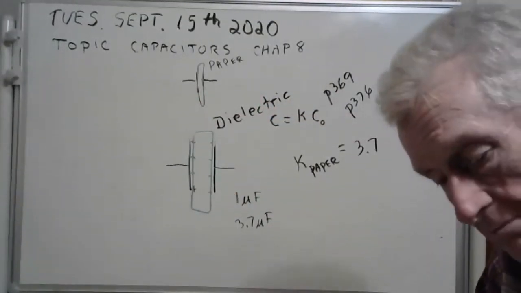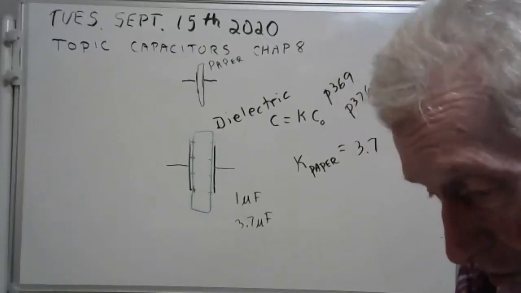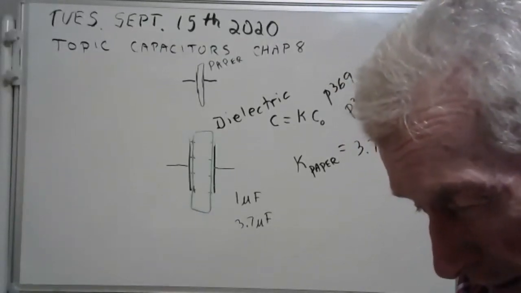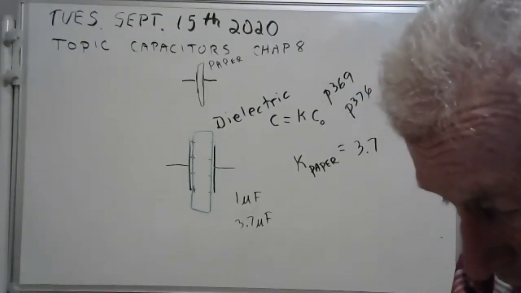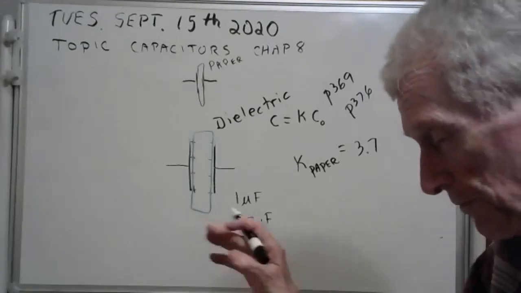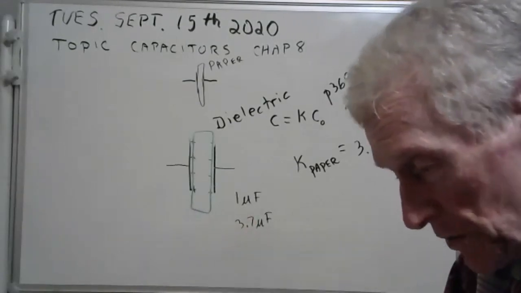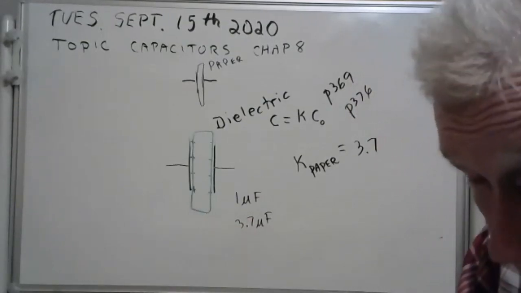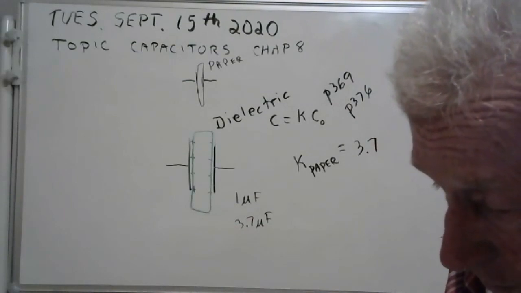Now see, paper, it's got electrons and protons, but they're locked in. They can't move like they can in a metal. In a metal, the electrons are free to flow around and move any place they want to. But in paper, it's got electrons all right, but they can't flow.